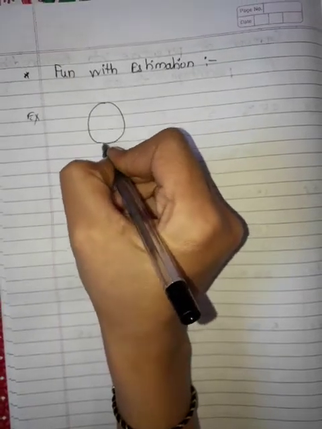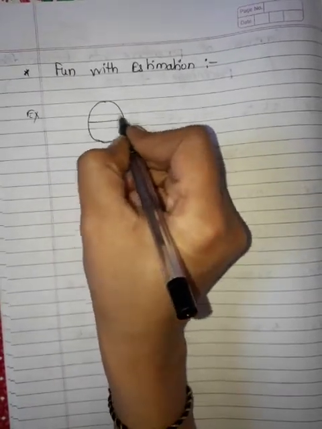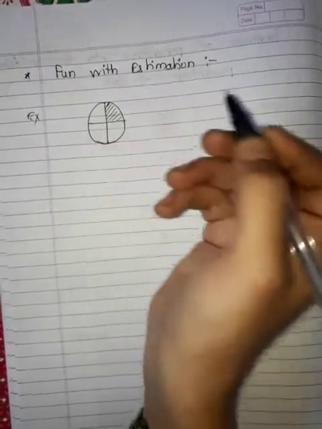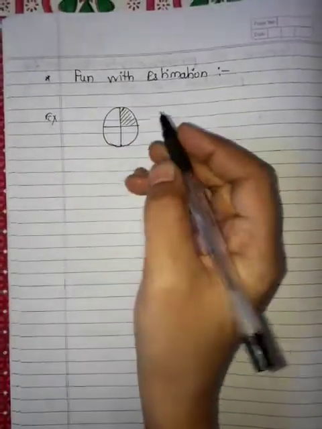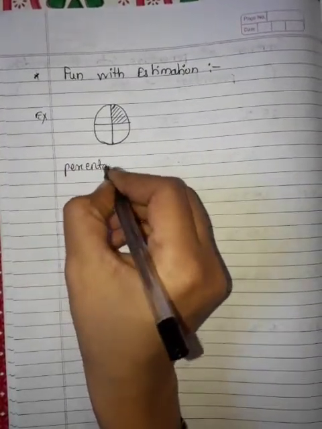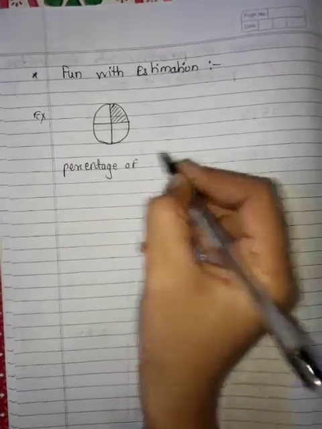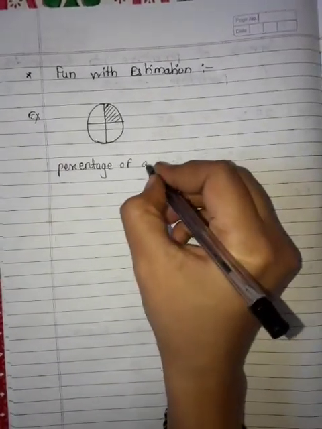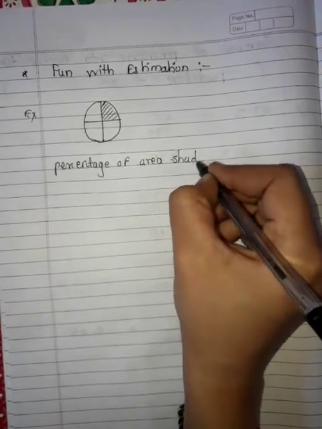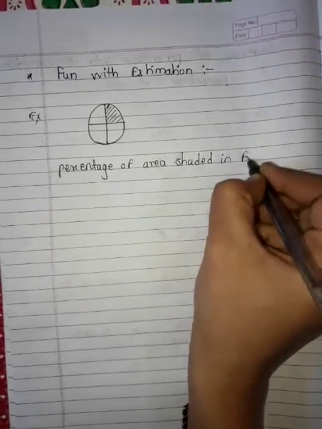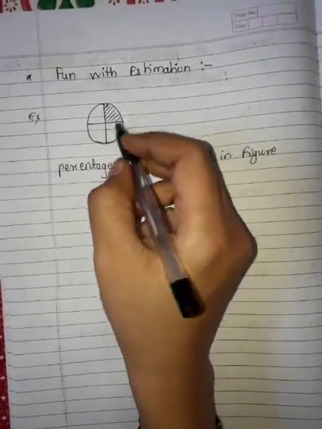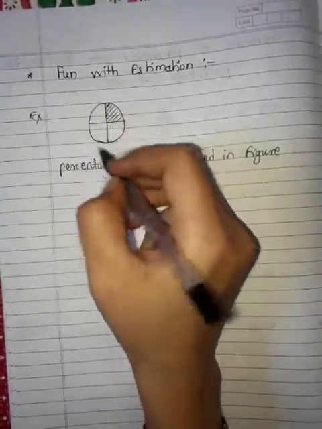Out of this whole part, this part is shaded. Now suppose we are asked to find the percentage of area shaded in the figure, means how many percentage of area is shaded in that figure.